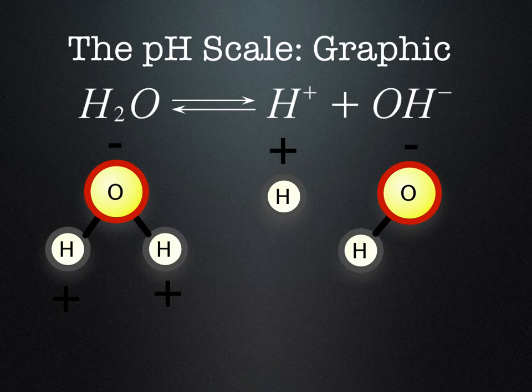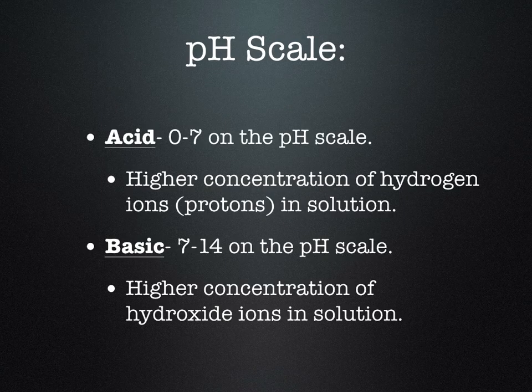If a substance produces many H plus ions and few OH minus ions, we call it an acid. On the pH scale, this produces a number of 0 to 7. A higher concentration of hydrogen ions in a solution is called an acid.